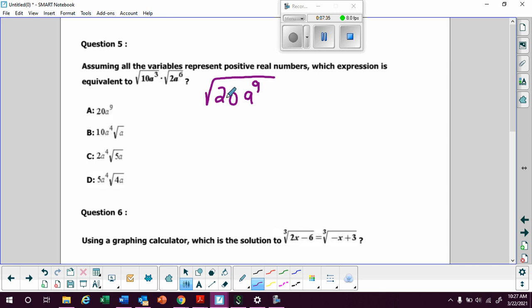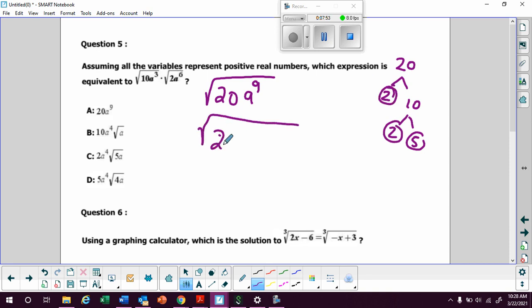So can this be simplified, right? It's a square root, so I'm going to take 20 and see what I can do. 2 times 10, 2 times 5. These are my prime factors, right? So I can write it as 2 squared times 5.